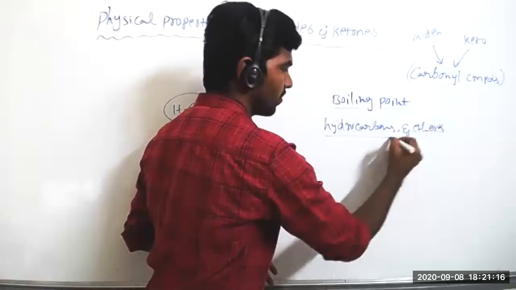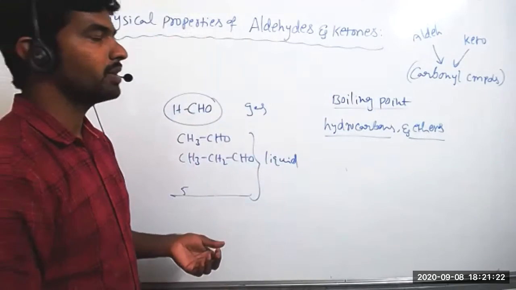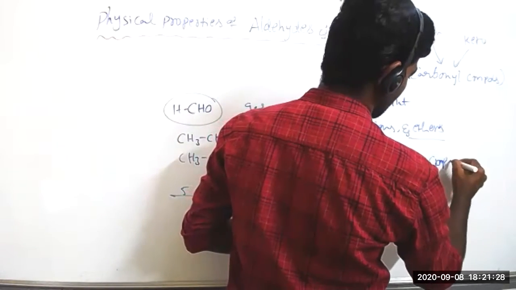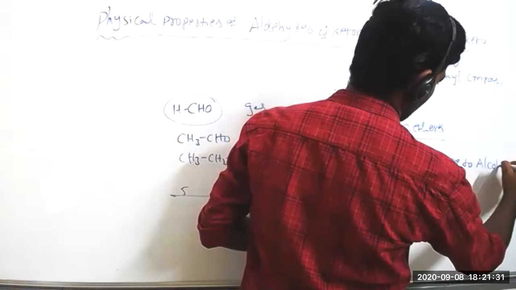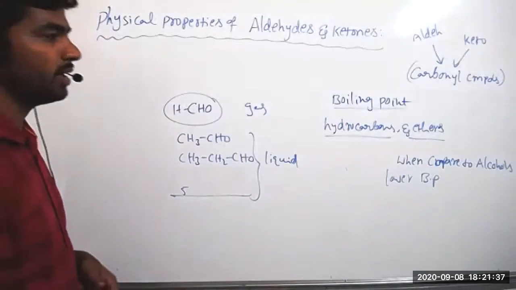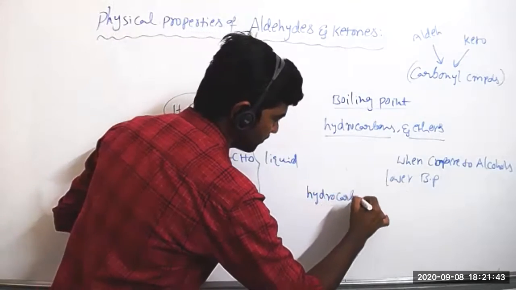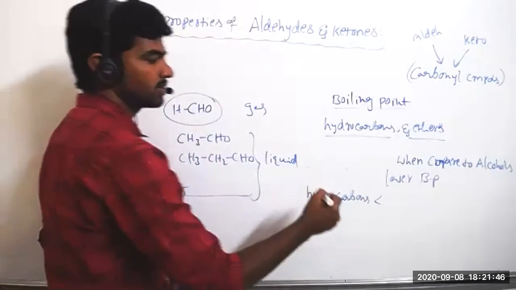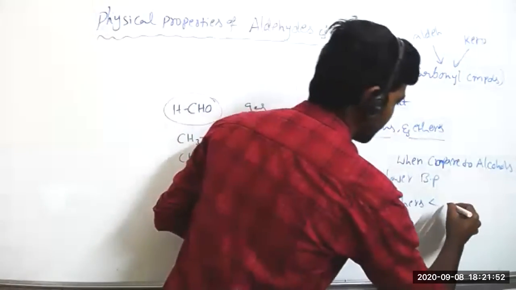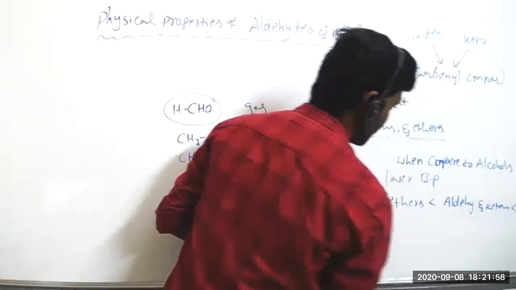That means compared to hydrocarbons and ethers, these carbonyl compounds have a higher boiling point. But when compared with alcohols, they have a lower boiling point. So if we write the order, generally hydrocarbons have the lowest boiling point. Then ethers. After this, aldehydes and ketones have a higher boiling point. Then alcohols.